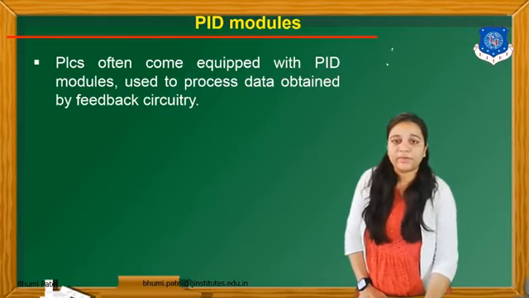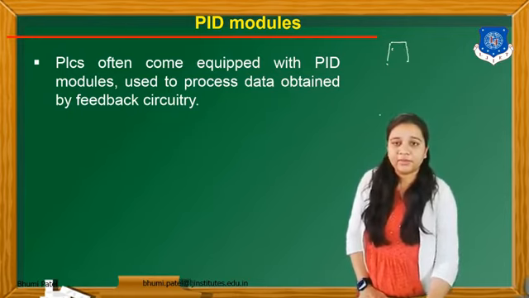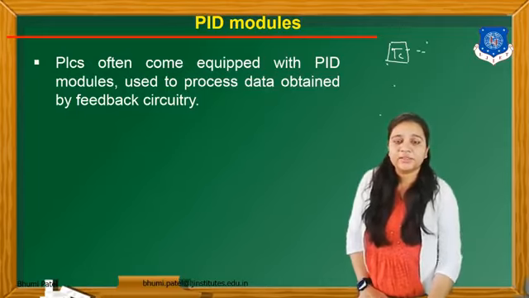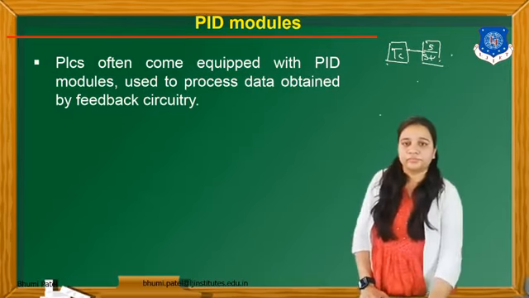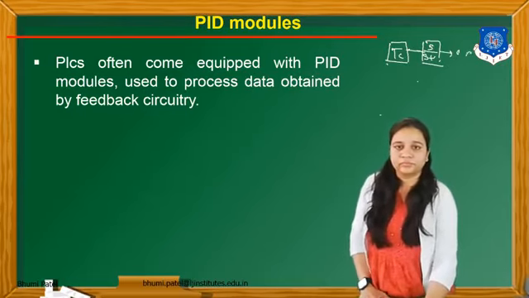Suppose for a particular plant or system, one type of controller is given. Suppose this is my TC, temperature controller, and according to the controller we connect the system with this controller. Suppose the system transfer function is given as something over S plus 1, and this is the actual output of this system.